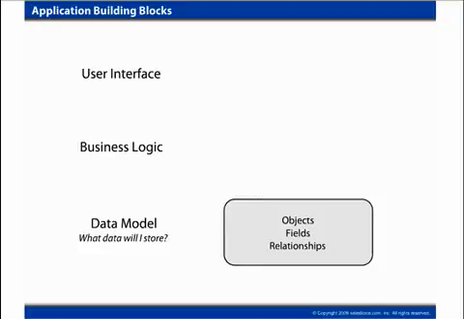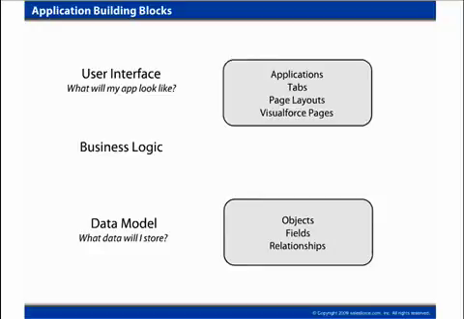The user interface layer is where you address the design question: what do I want my app to look like? The Force.com platform provides several features to help you construct your app's UI. For example, applications, tabs, page layouts, and Visualforce pages. The business logic layer is where you address design considerations like standardized processes you want to impose, or certain requirements for data entry before a record can be saved, or processes that you would like to automate.